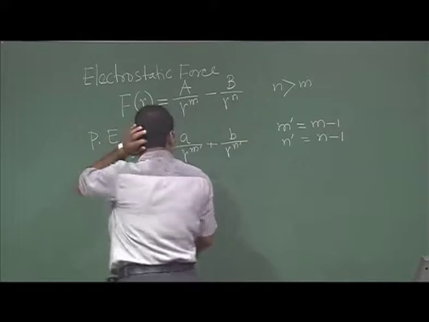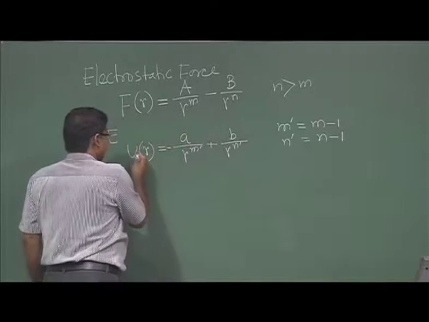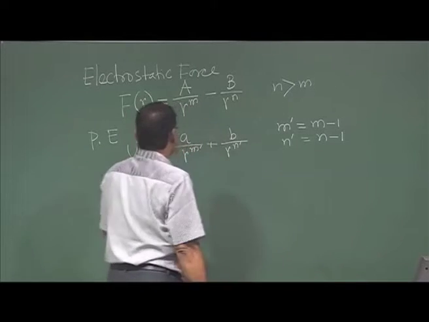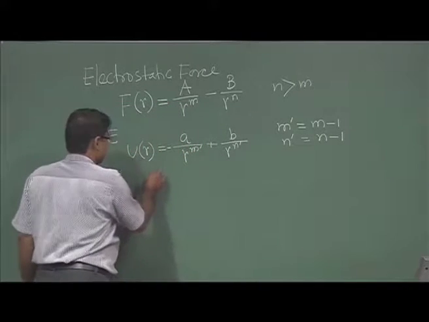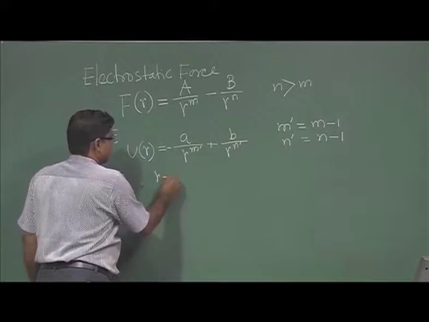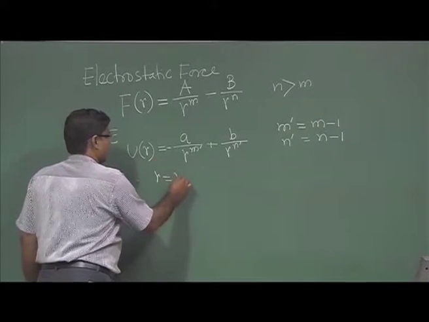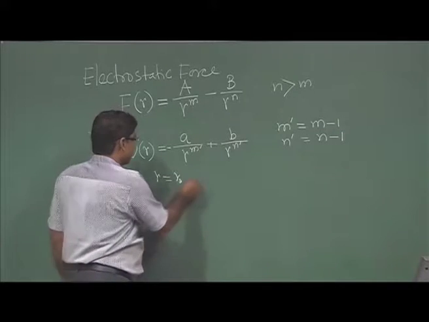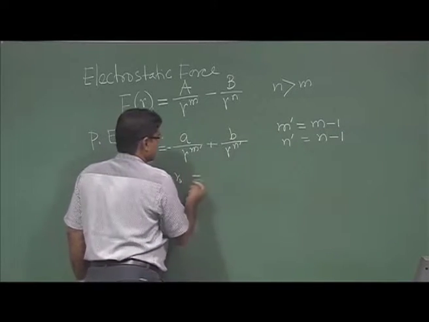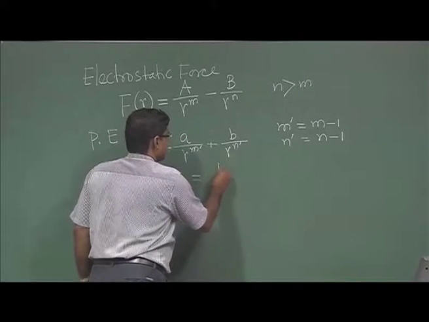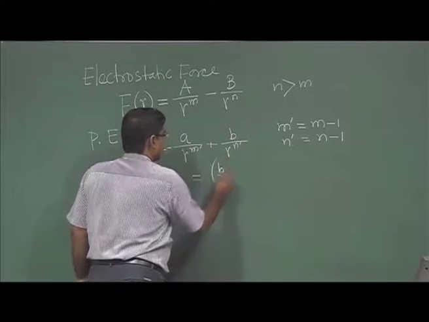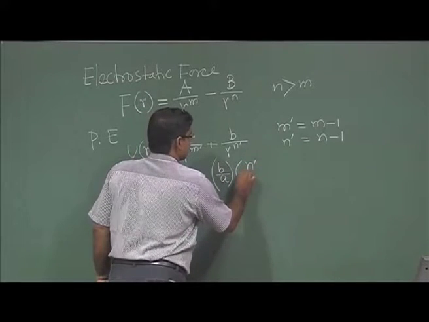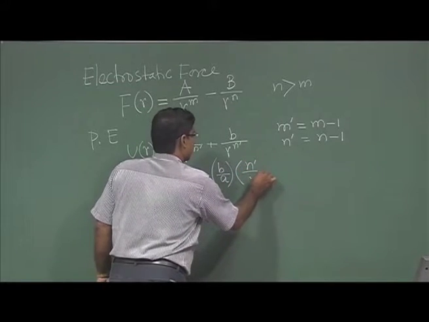So, the potential energy will be minimum for a particular value of r equal to r0, that we have seen in last class, and that has come out as b by a, n dash by m dash.